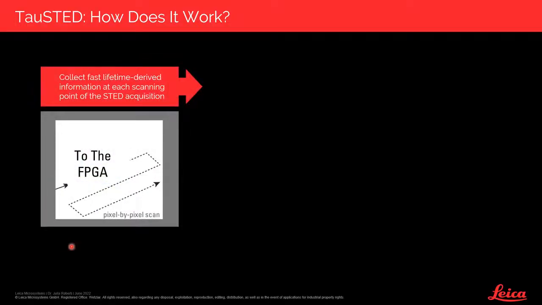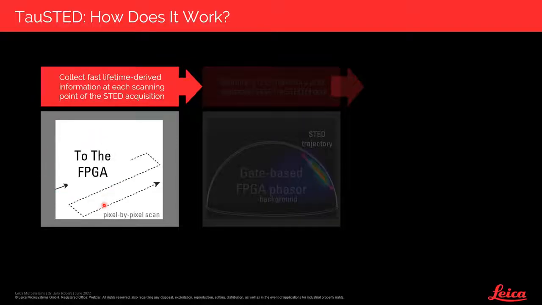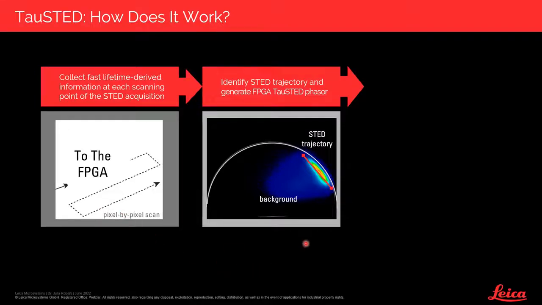So how does it work? For a tau-STED experiment, we scan the sample and we collect fast lifetime-derived information at each scanning point of the STED acquisition, and we send this information to the FPGA. At the FPGA level, we identify the STED trajectory and generate an FPGA tau-STED phasor. And we do this on the fly at the FPGA.